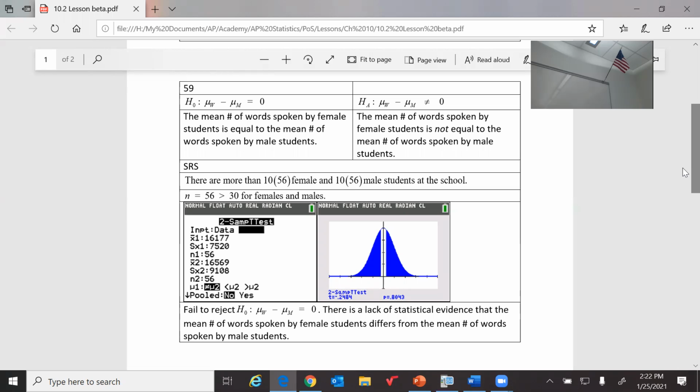And look at this picture. Look how much is shaded in. That's telling you fail to reject. You reject the null when you're way out in the tail.